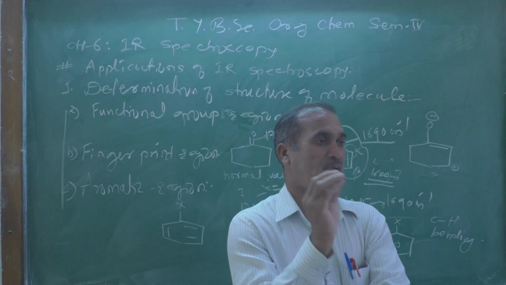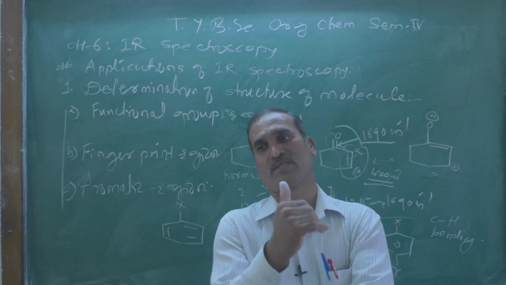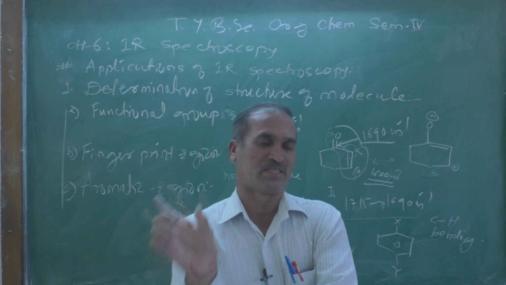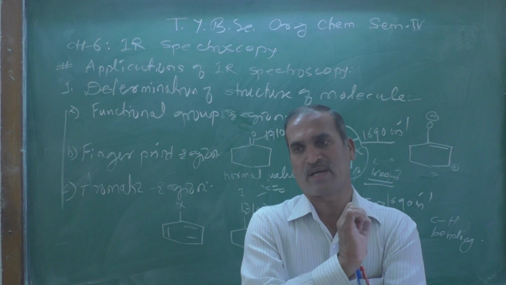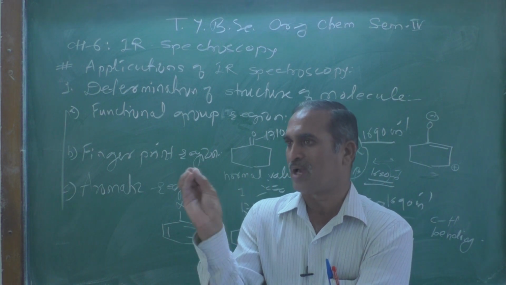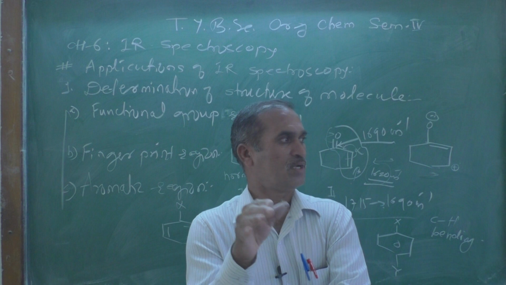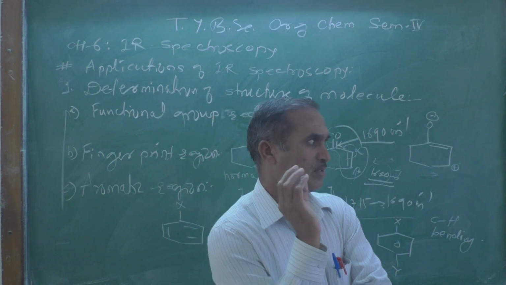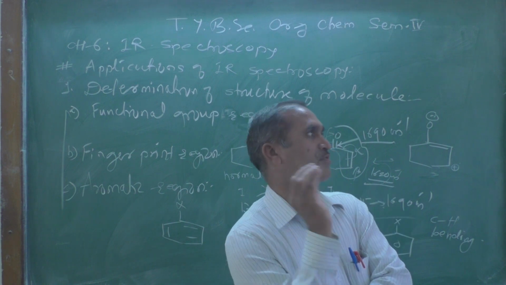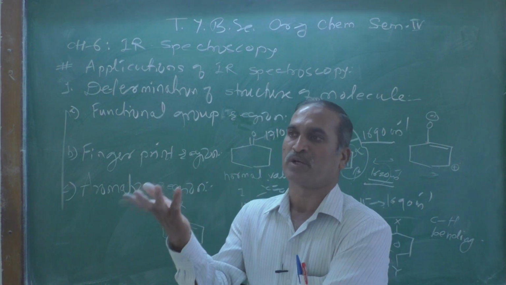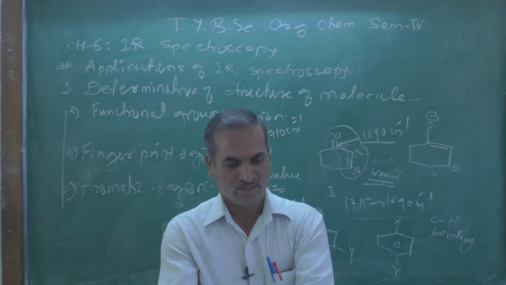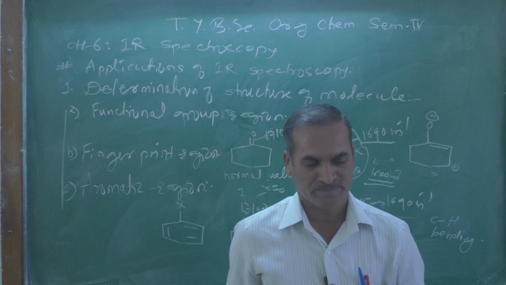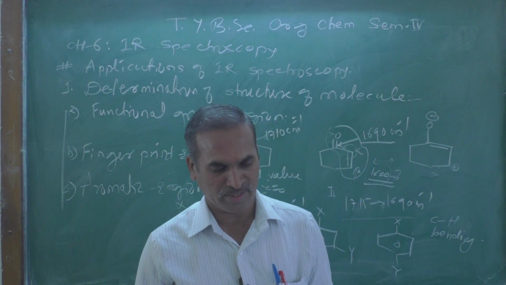Understood this one? Lack means absence of peaks in that specific region, which clearly indicates that the organic compound may be non-aromatic in nature. So in this way we can easily explain this one.